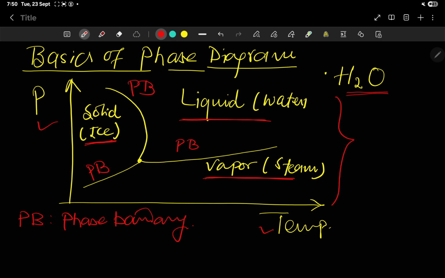Now let's try to explore and understand what is going to happen in case of metals or alloys. It is very important in case of metals or alloys.